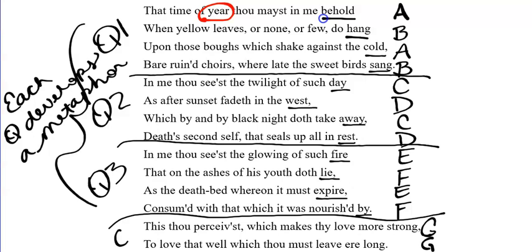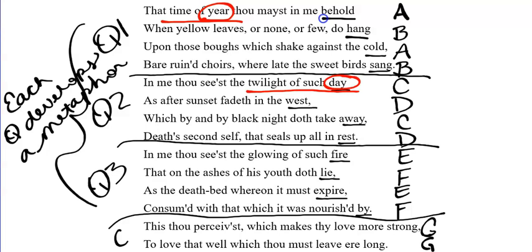Because he says the time of year, but his entire life is being compared to a year. All right, so let's look at the second quatrain. "In me thou seest the twilight of such day." So the twilight of such day is what he's comparing himself to at the moment, but his entire life is being compared to a day.